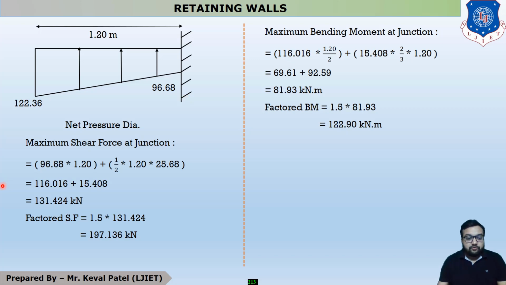It is 116.016. Now any force acts at the CG point. What is the CG of component number 1? The CG of component number 1 is 1.2 divided by 2 because our shape is a rectangle. At the rectangle portion our CG is at the exact center point, which is B by 2. So it is 1.2 divided by 2.